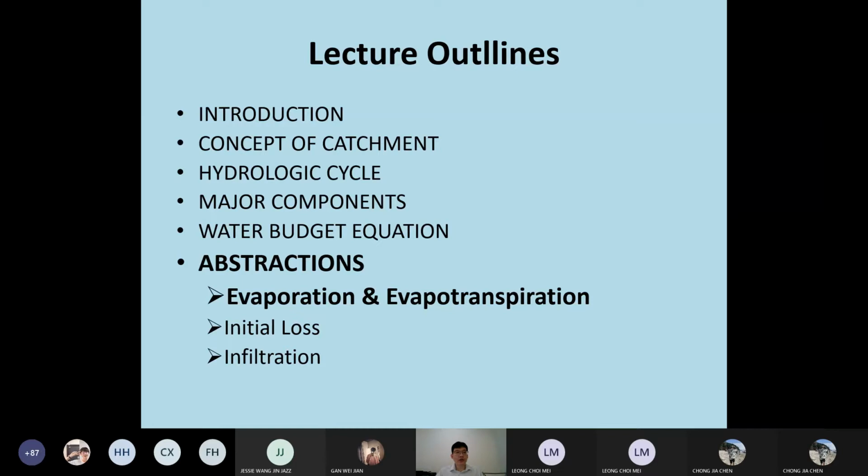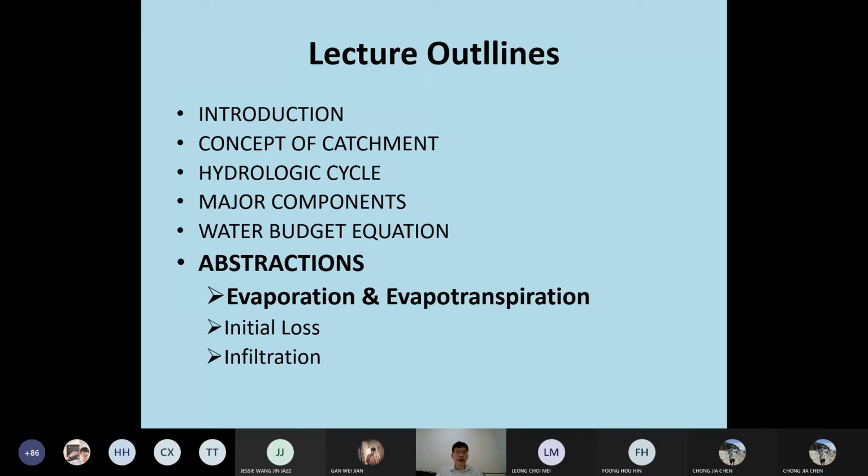This kind of loss we call initial loss, before it reaches the ground. When it reaches the ground, particularly in forest, it will have infiltration, where the water infiltrates underground and becomes groundwater. So these are the three important losses we will talk about today.